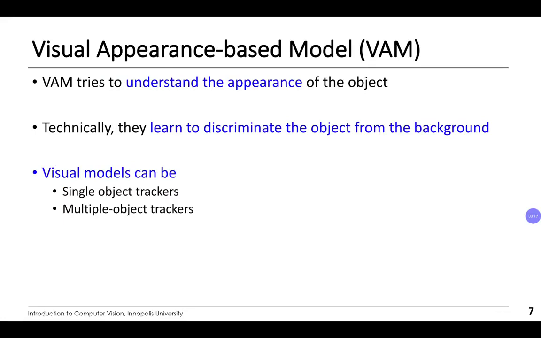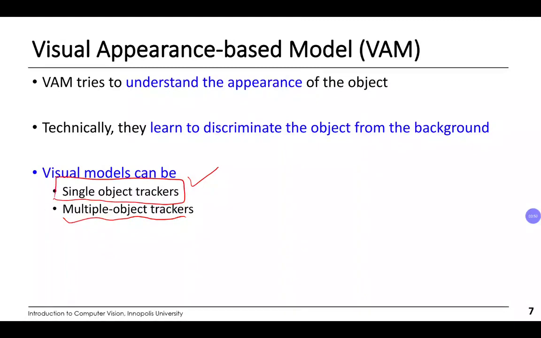In the case of visual appearance based models, we need to understand the appearance of the object, and here the technique is to learn the discriminative power of the object from the background. Here we can track objects with a single object tracker or multiple object trackers. But today we are going to focus only on single object trackers.